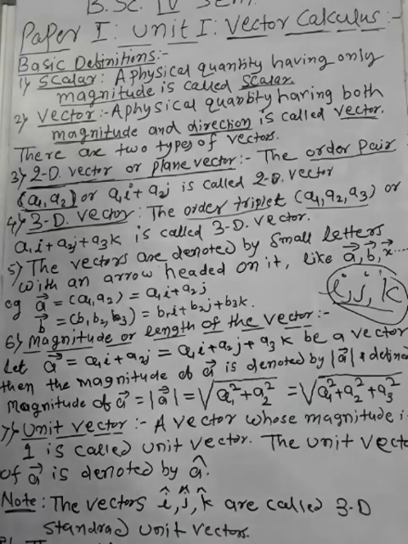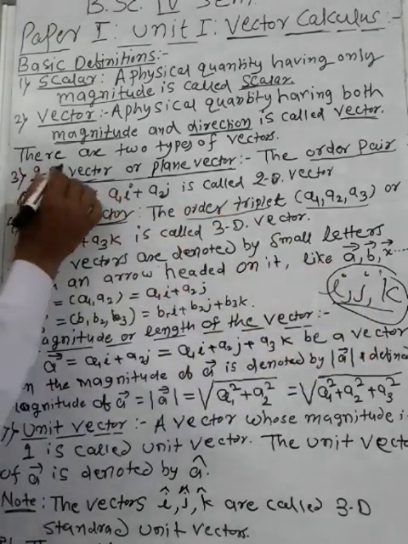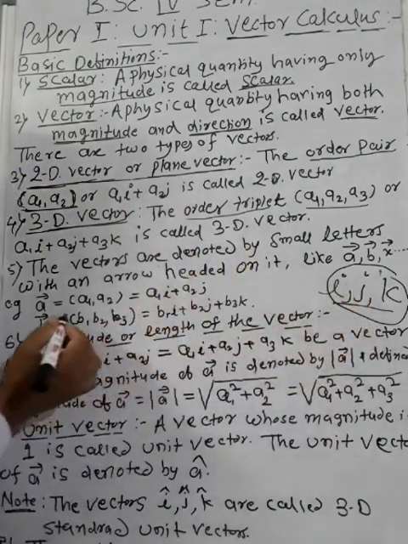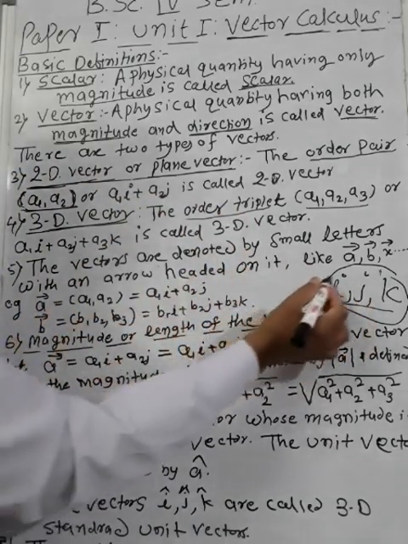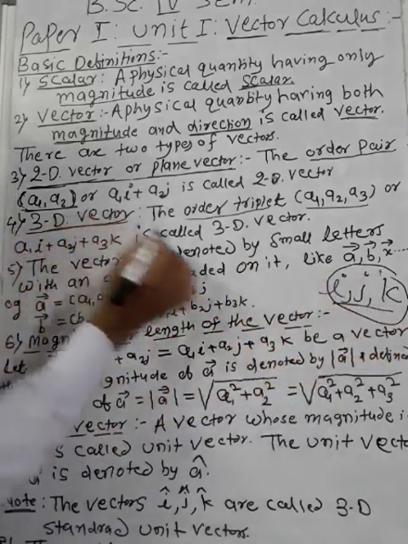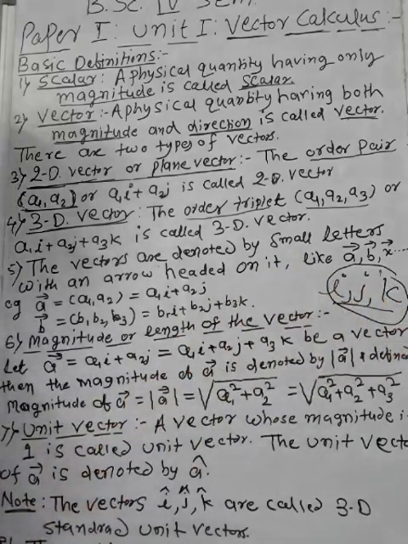z-axis. And here in 2D, i and j are unit vectors along the x and y axes, and i, j, k are unit vectors in 3D along x, y and z, and hence we can represent the vector in terms of unit vectors i, j, k.